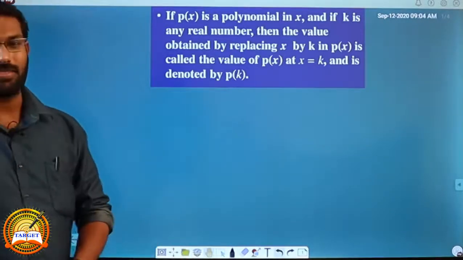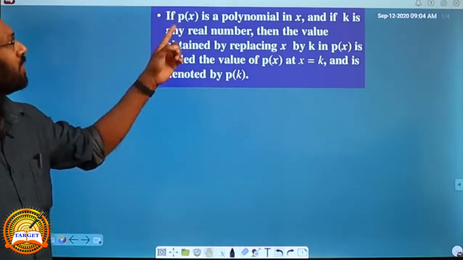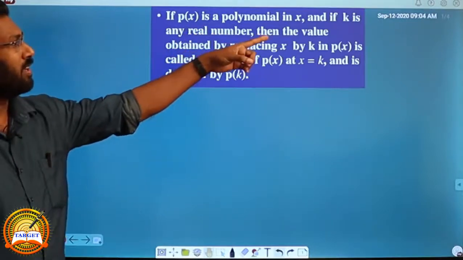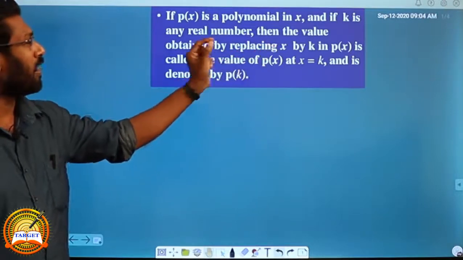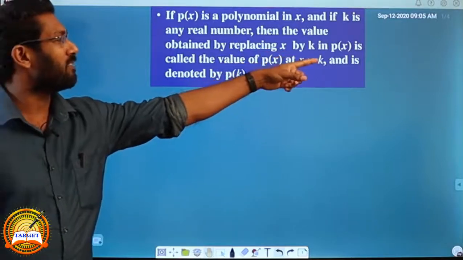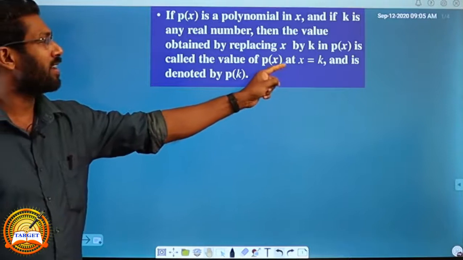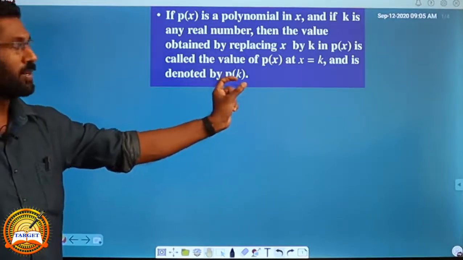Okay, so we understood some important information regarding polynomials. Now we are going to discuss the next important concept in this chapter. Listen, if p of x is a polynomial in x and if k is any real number, then the value obtained by replacing x by k in p of x is called the value of p of x at x equal to k and is denoted by p of k.